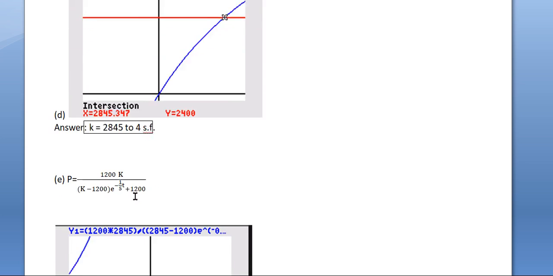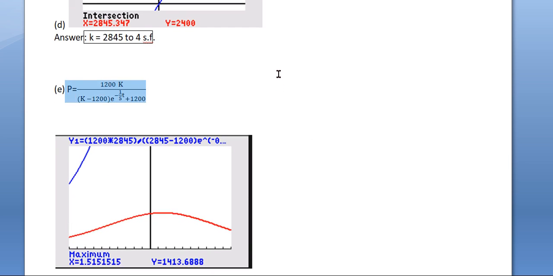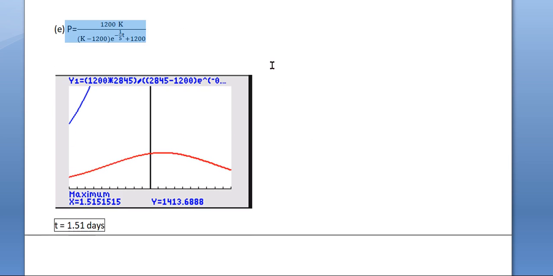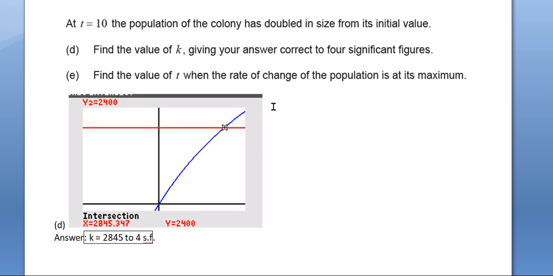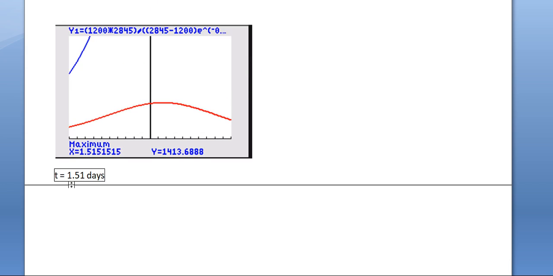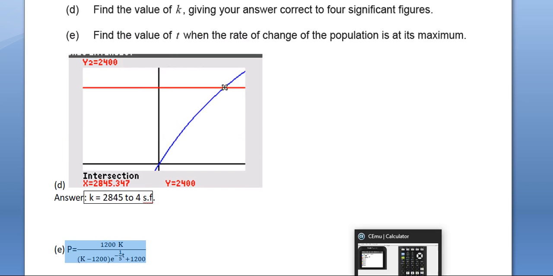Then nicely we take our function, differentiate it. Red is differentiation, and we see that the maximum rate is at time 1.51 day. So here I use some trick. Let me show this trick.